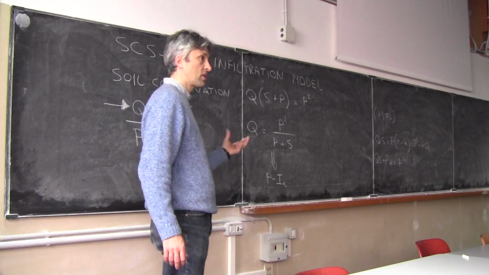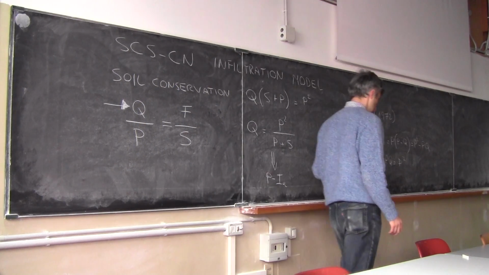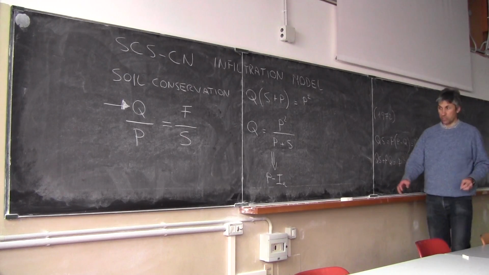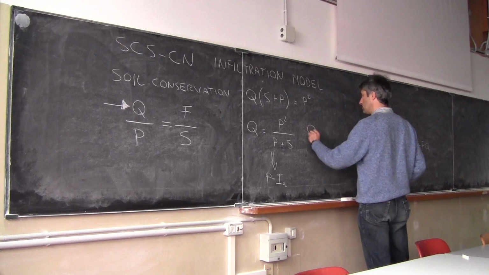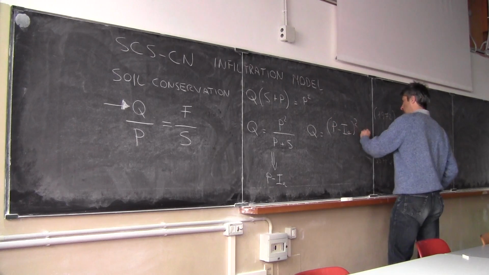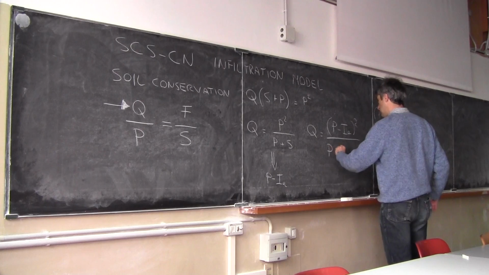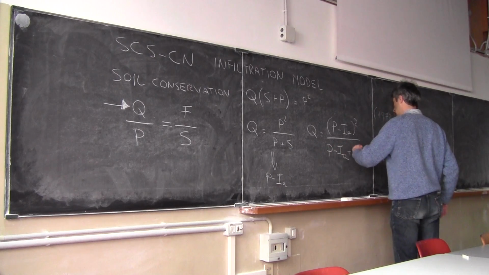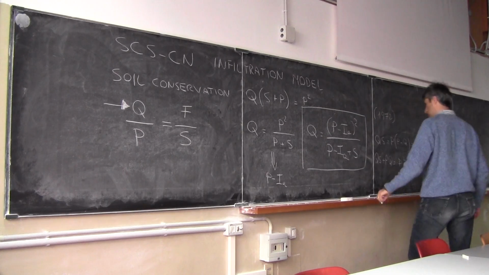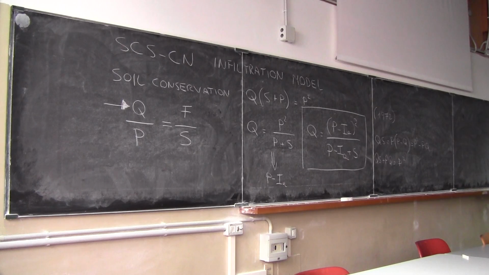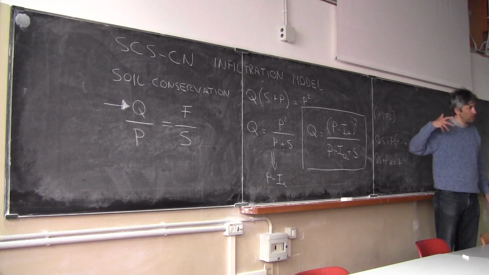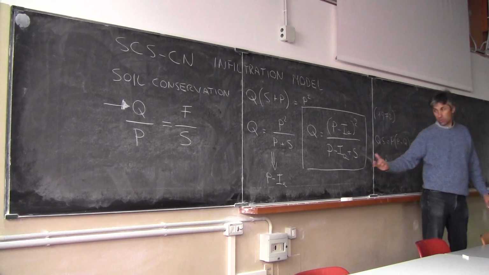So there is an initial fraction of rainfall that is subtracted. Therefore, this relationship becomes Q equal to (P minus IA) squared divided by (P minus IA plus S). This is the classical formulation of the SCS model, which takes into account interception in this way. Of course, we still have to see how IA is computed.